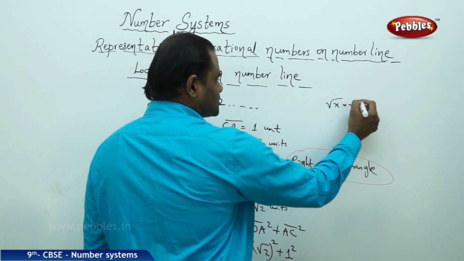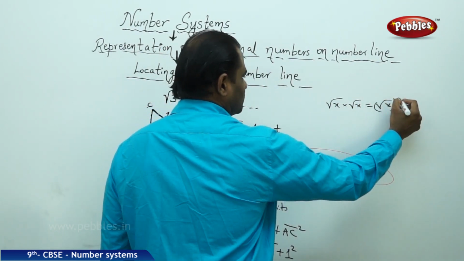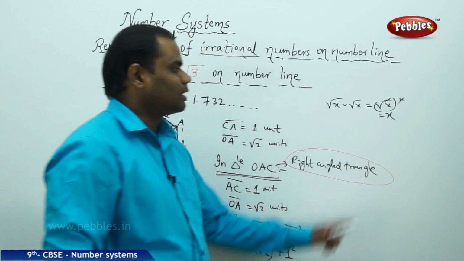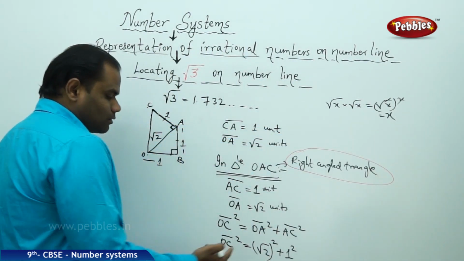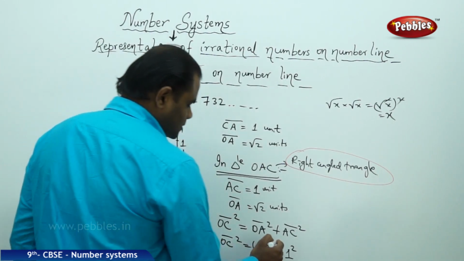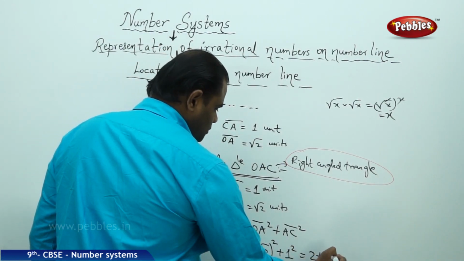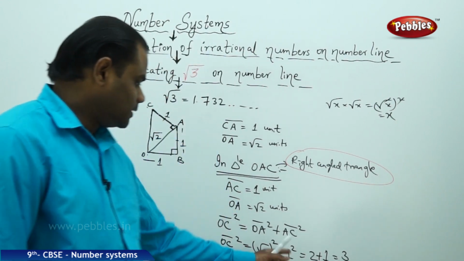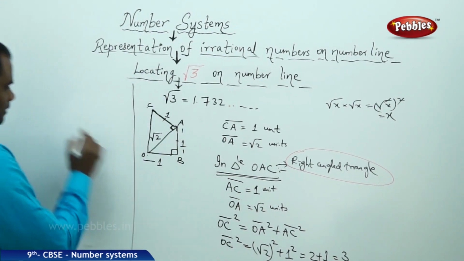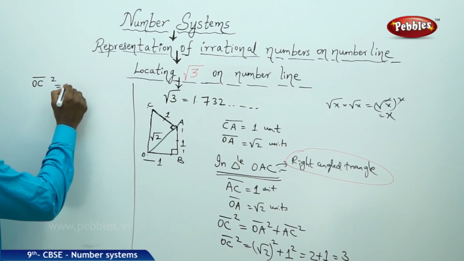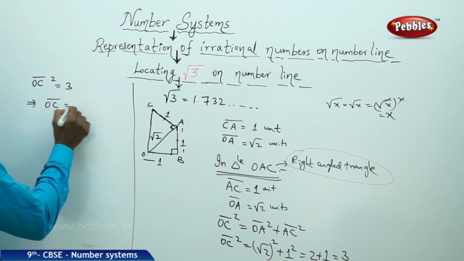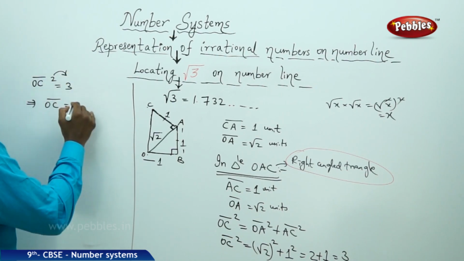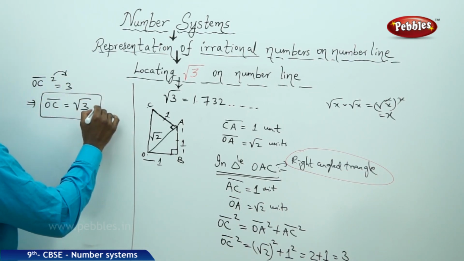We know that root x into root x, which is root x whole square, is x, because the root and the square cancel. Similarly, root 2 square is 2, and 1 square is 1, so 2 plus 1 equals 3. So OC square is 3, which implies my dimension OC is square root of 3 units.